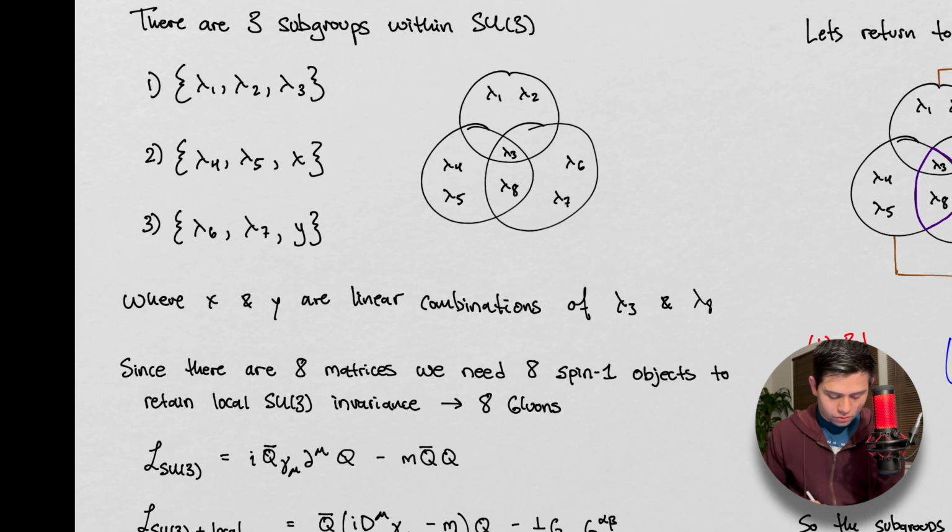All right, so what we can say here is that we saw that T4 and T5 gave lambda 3. Okay, so those fall into this circle right here. They were a closed group.